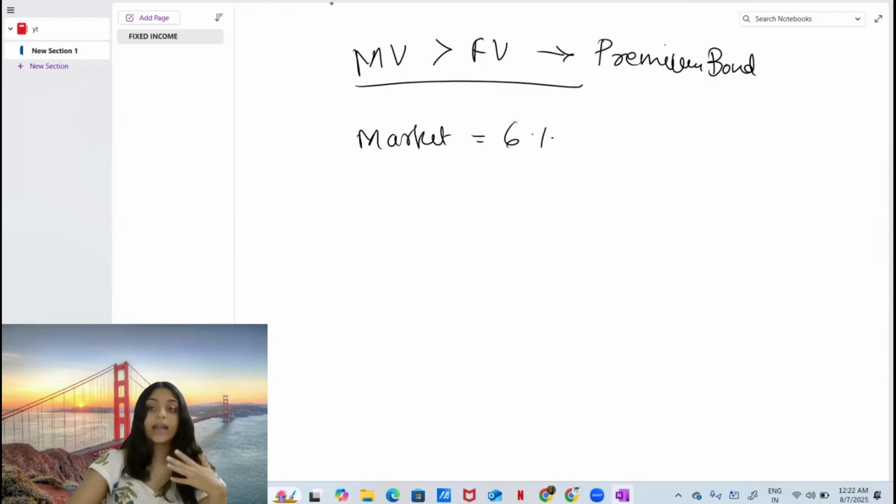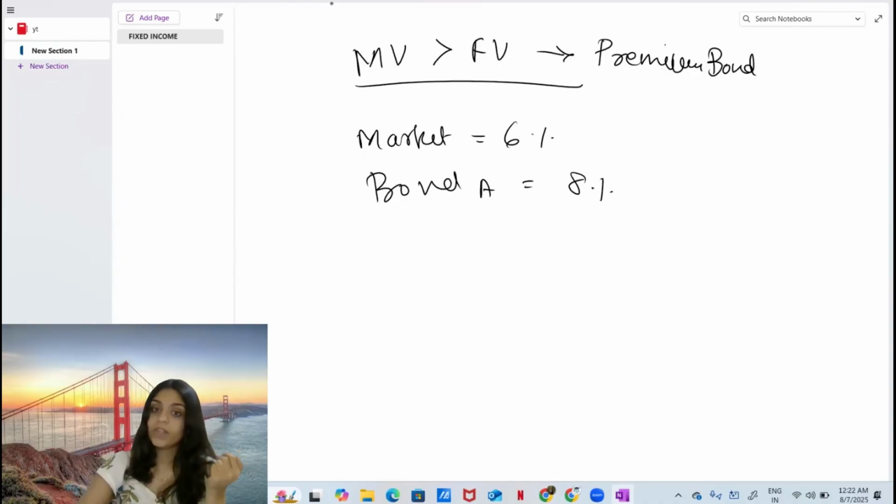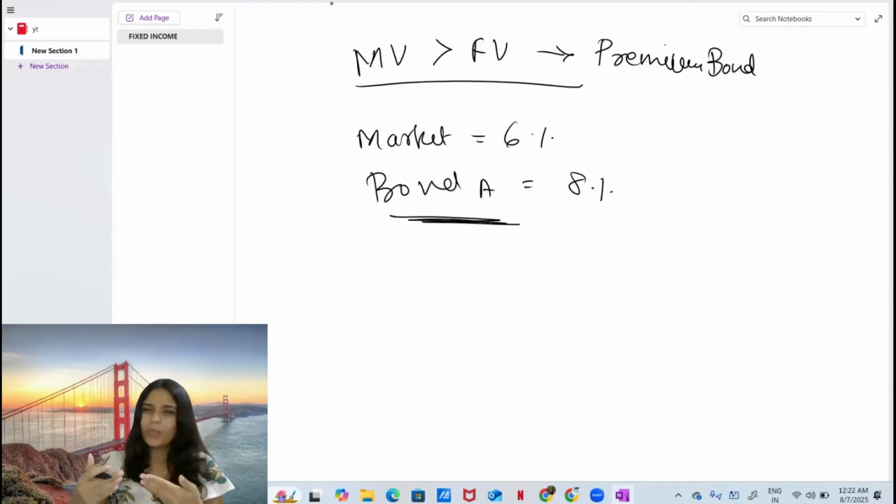But you, on the other hand, being the issuer of the bond, want to issue your bond, suppose bond A, at 8%. Because your bond will be giving more coupon than what the general market is giving, the demand for your bond will increase, and this will lead to an increase in the price of the bond, which will eventually increase more than the face value.